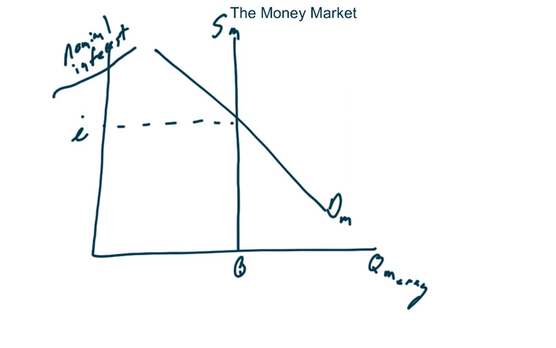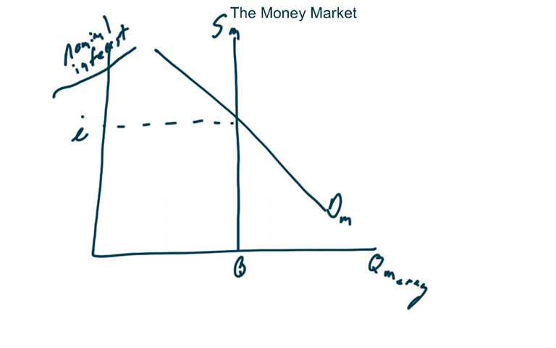Yes, this graph will talk all about the supply of money, how we create more money, how we take money out of the economy, and how we demand money, the stuff that causes demand to shift.